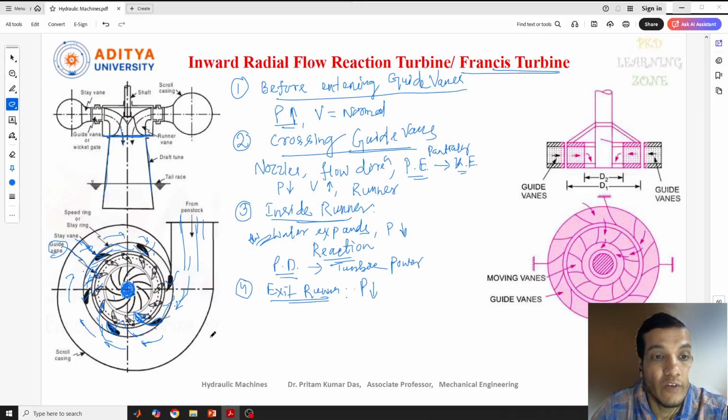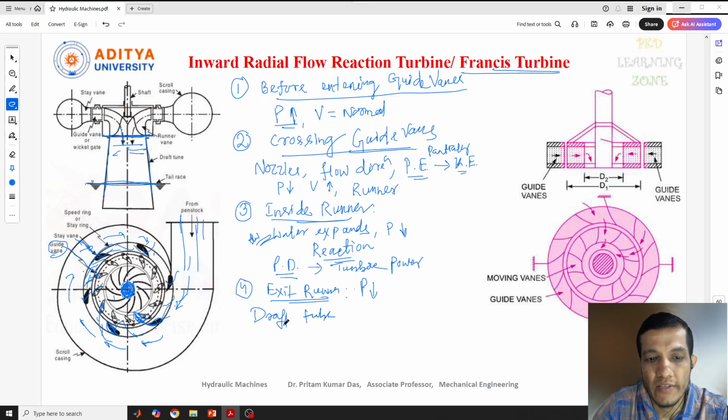Okay, and the draft tube, if you see, is connected inside the tail race, and there we have atmospheric pressure, but the pressure which is coming here is very low. So what will the draft tube do here?